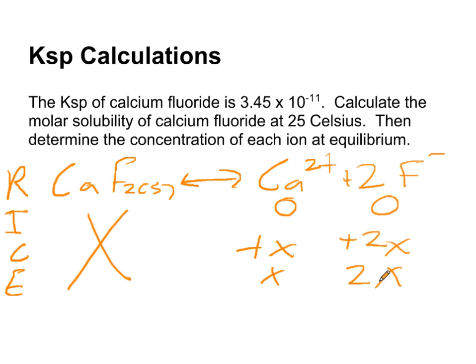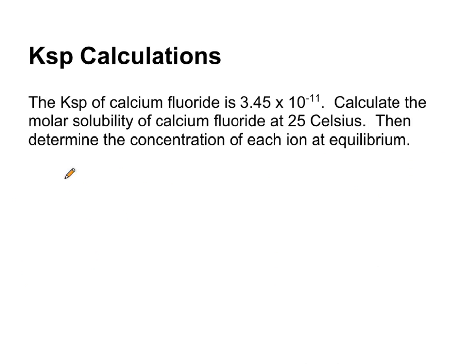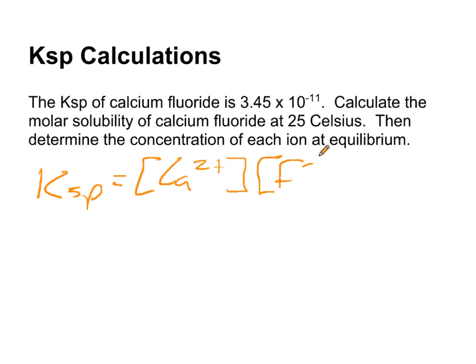Now we can use the KSP value to solve for x, and in the KSP problem, x is called your molar solubility. So KSP is equal to the calcium concentration times the fluoride concentration squared. We have to remember to square that from the 2 in the balanced equation. So KSP is 3.45 times 10 to the negative 11th.